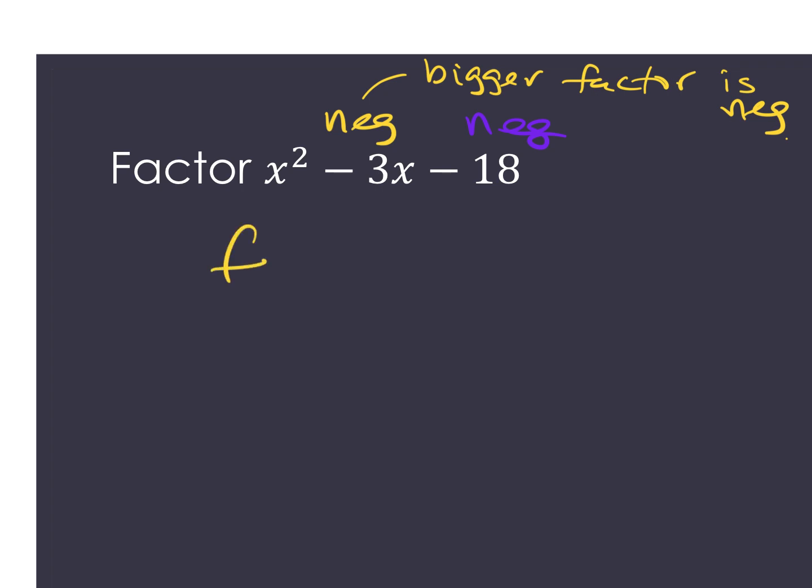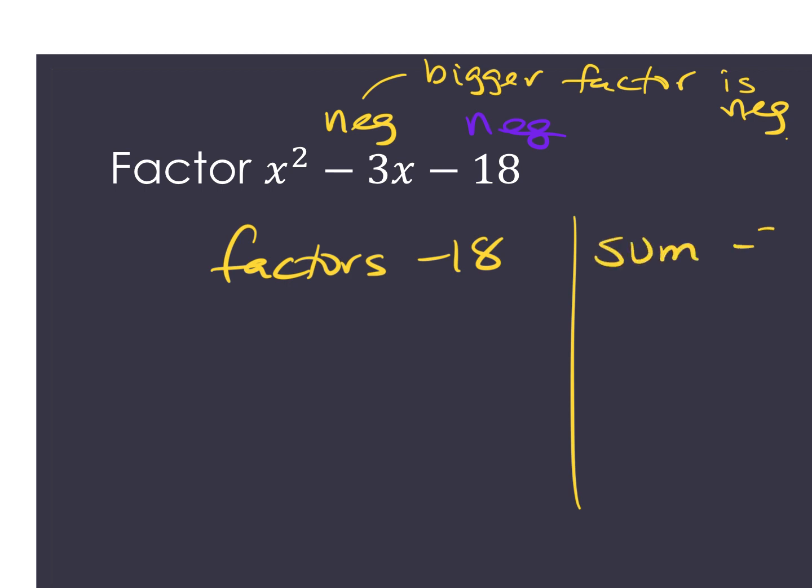So again, I'm looking for factors of negative 18 that when I find their sum, it'll give me a negative 3. And my bigger factor is going to be negative. So 1 times negative 18: between 1 and 18, 18 is the bigger number, and it gets the sign of the middle. When I add those, I get negative 17.